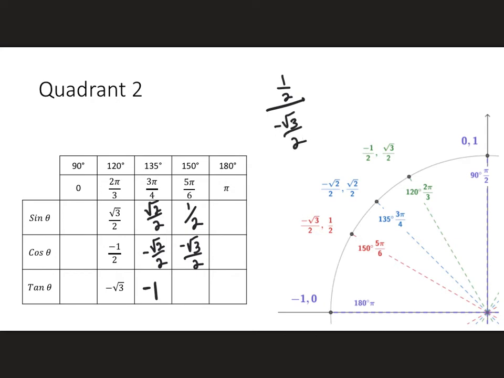And we can rewrite this as a multiplication problem, 1/2 times the reciprocal, 2 over negative square root of 3. Those cancel, and that gives us 1 over negative square root of 3, which we have to rationalize. So we get the square root of 3 over 3, and there was a negative in the bottom. I'll just move it up to the numerator. Negative square root of 3 over 3.